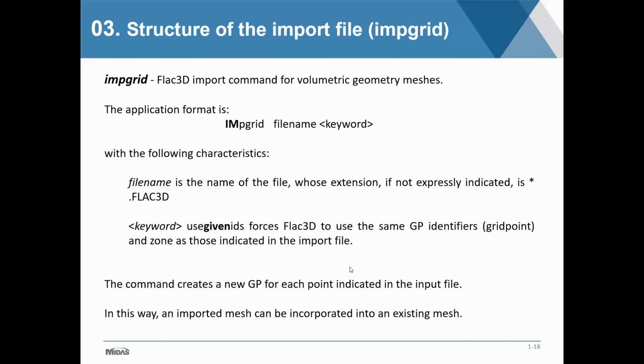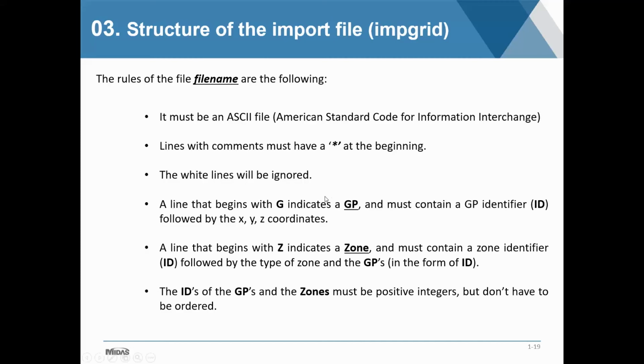And so the file itself has some rules. For it to work, it has to be in the American Standard Code for Information Interchange, ASCII. Comments in the file are marked by the asterisk. If we were to look into this file, we'll open one as an example in the next slide, this would be some of the information you would see along the lines.